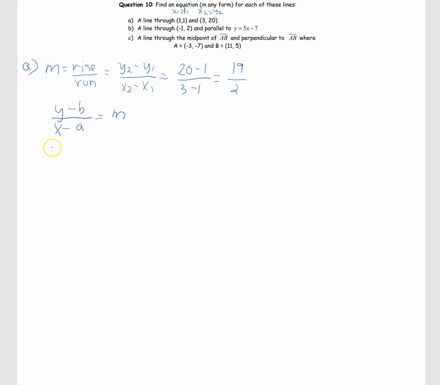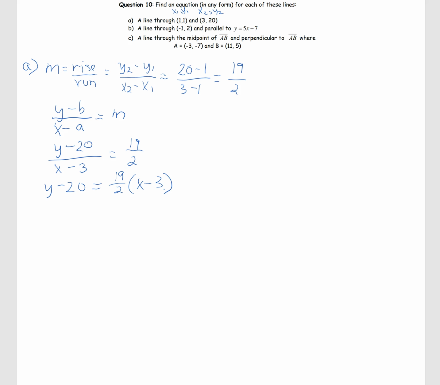So plugging that in gives me (y minus 20) over (x minus 3) equals my slope m, which is 19 over 2. Then we can rearrange this a little bit so it's nicer by multiplying our x minus 3 over to the other side, which gives me y minus 20 equals 19 over 2 times (x minus 3). And so that's the equation for the line in part A.